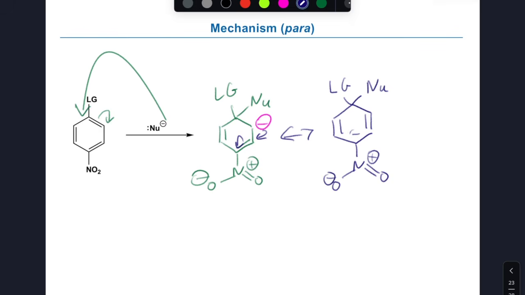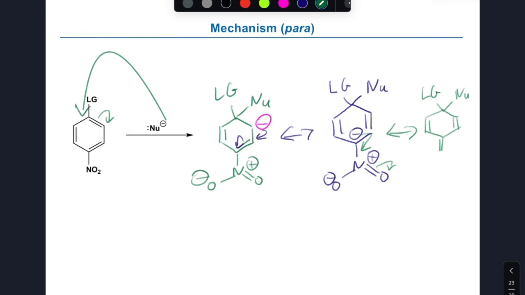What that means is we can actually use that center to slide that charge out even further. So there's another resonance structure that's allowed, which would look kind of like this. We call this a Meisenheimer complex. I'll show you how that works on the next slide.